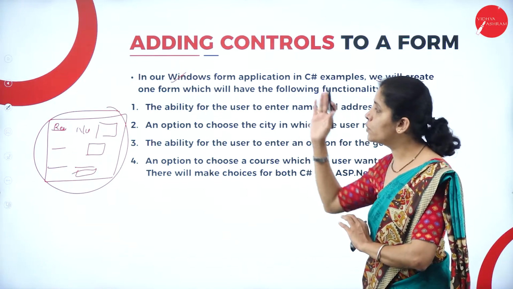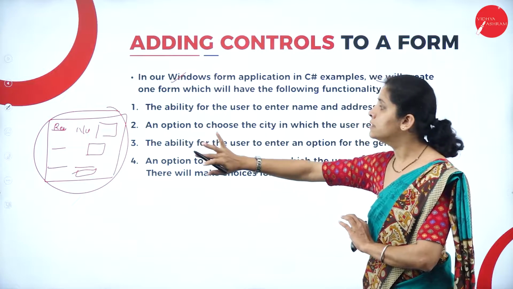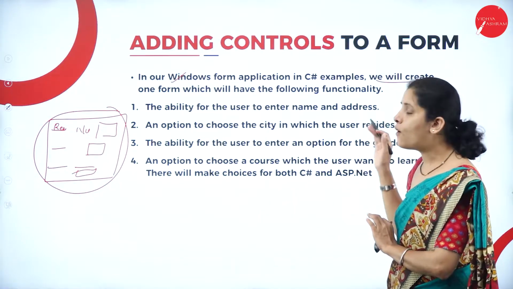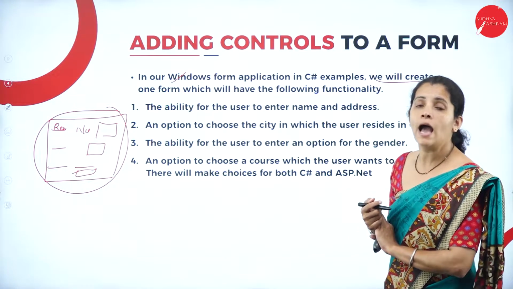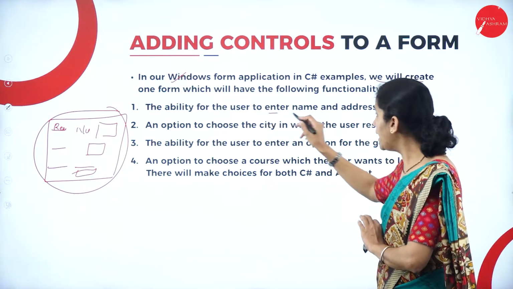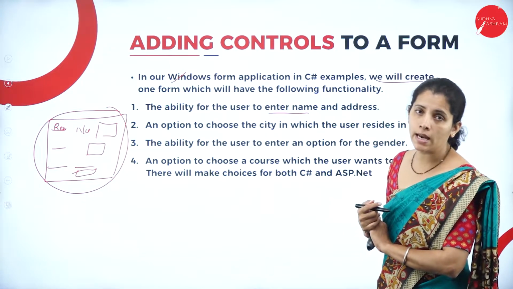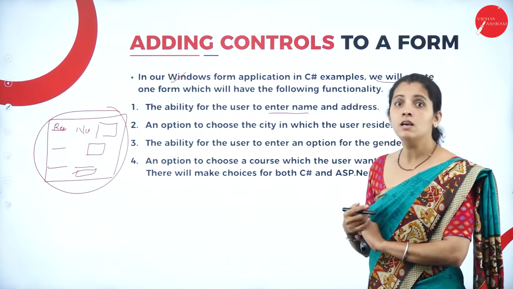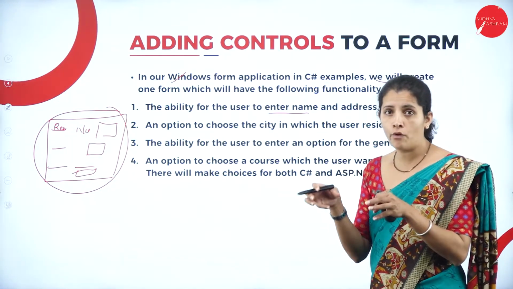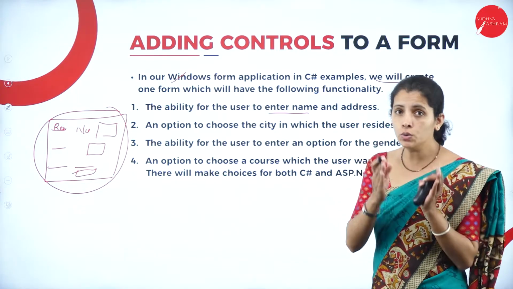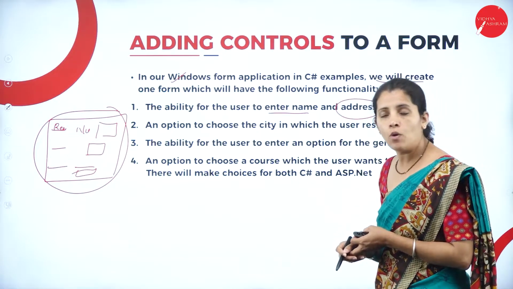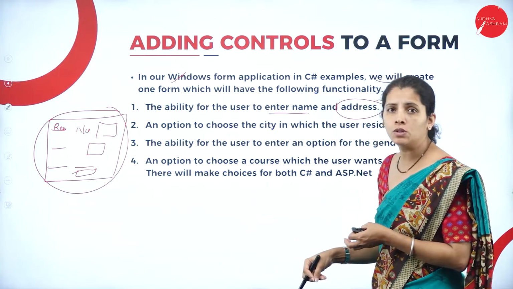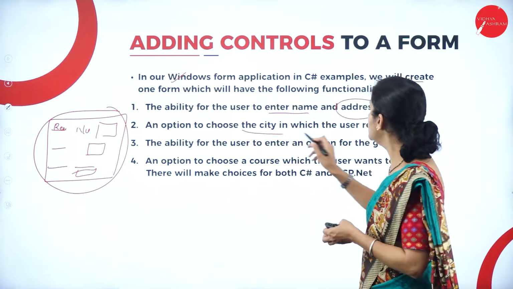In the sense, I'm going to create one form that must have the following functionality. The user must have the ability to enter the name as well as address. So I want to create a form to enter username and address. Then I want to give the option to the user to choose the city.